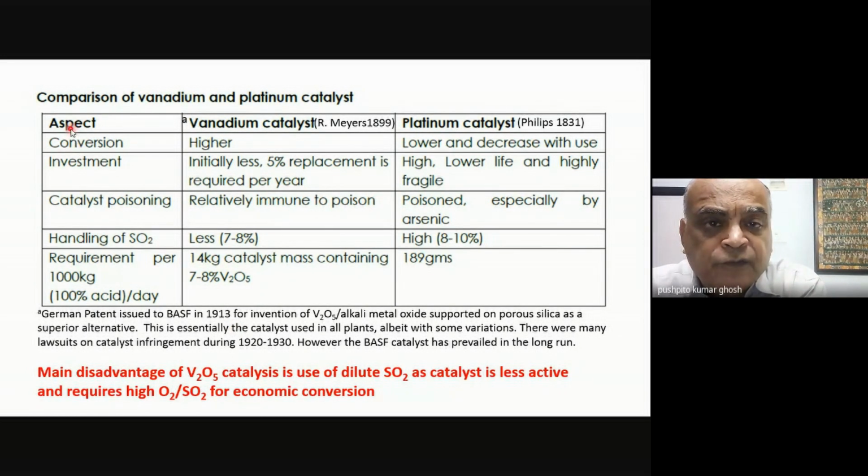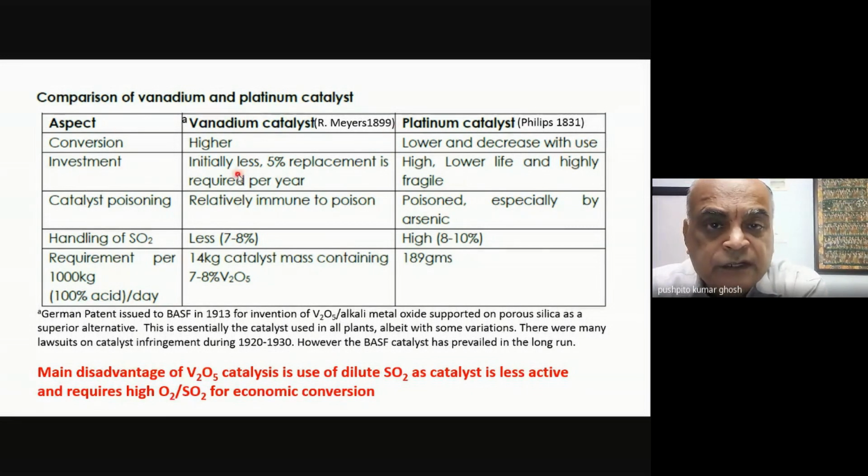In terms of conversion, what was found is that the conversion tends to be higher on the vanadium catalyst. Mind you, 1899, these are the people who first came up with the vanadium pentoxide catalyst, although it was only in 1913 that it was subsequently improved upon and commercialized. Here, the conversion tends to be lower, and as you will see, decreases with use, meaning the surface gets poisoned.